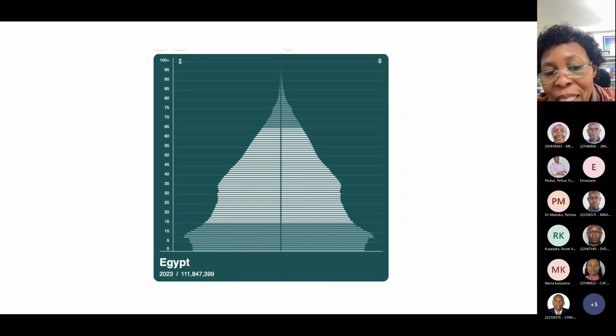So that shows us that at that particular time, maybe 10 years ago, they used to give birth to many children, and now their fertility rate is going down. But all the same, what I aim to show you here is how the 0 to 5 survive, as opposed to other pyramids that we're going to see. Can we go to the next, please?